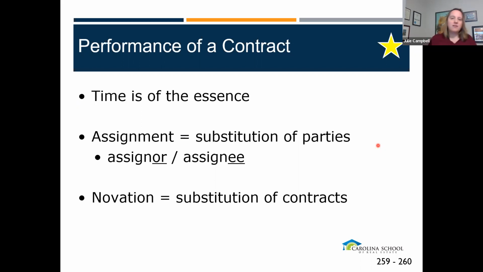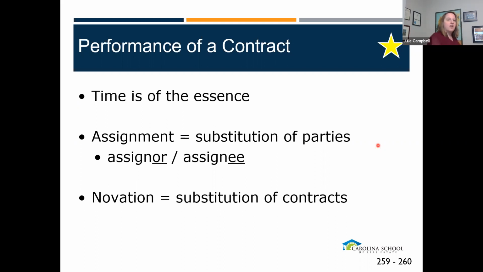An assignment is a substitution of the parties. If you're assigning your duties and obligations to somebody else, you have transferred your rights. You have transferred your duties to somebody else. With an assignment, all the terms stay the same. The only thing that changes is the name of one of the parties.